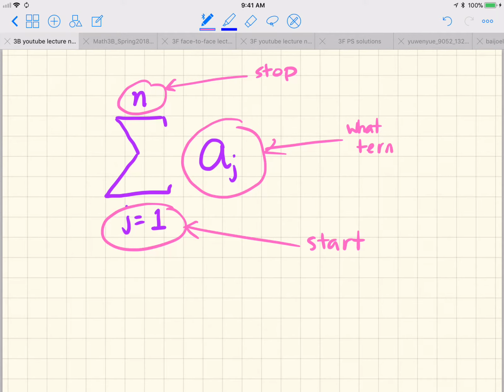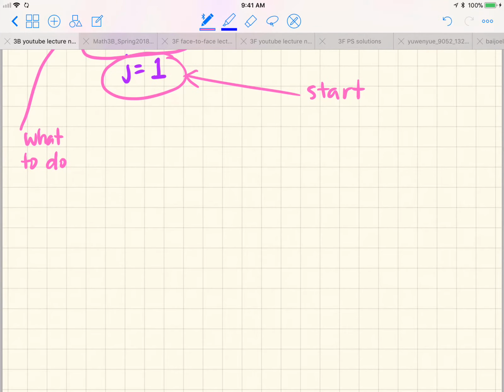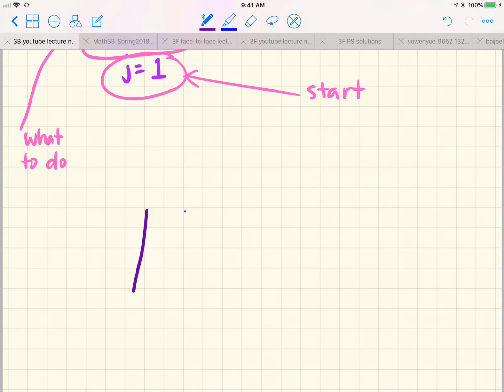And then this part here tells you what to do with the terms. So for instance, in physics, you'll see products and infinite products, right?